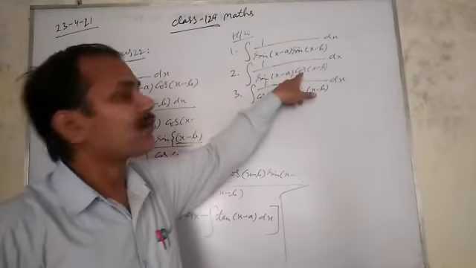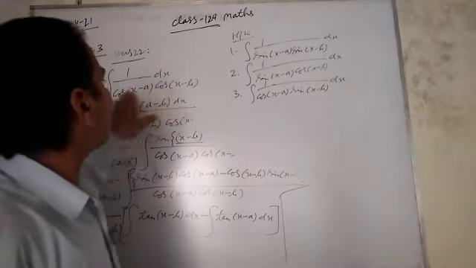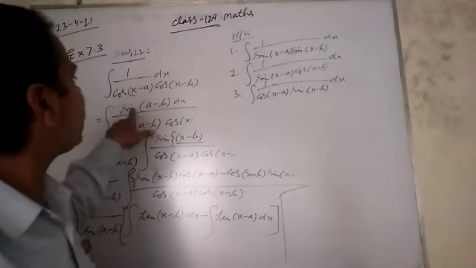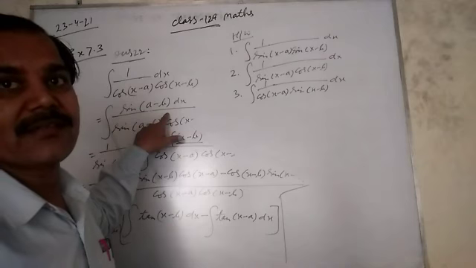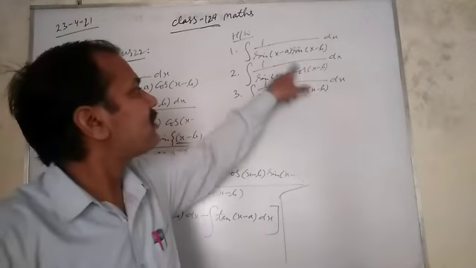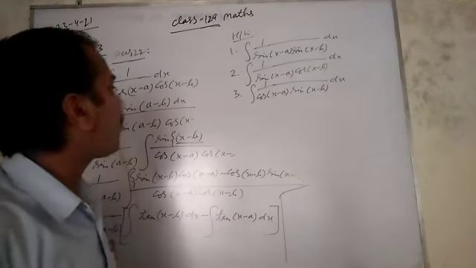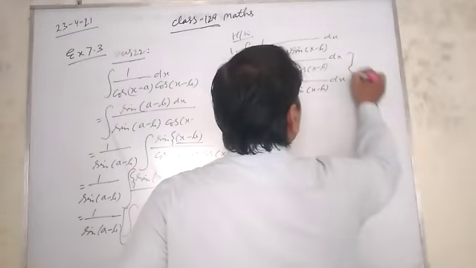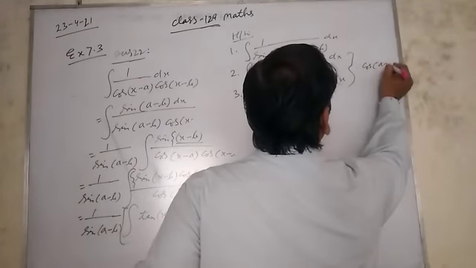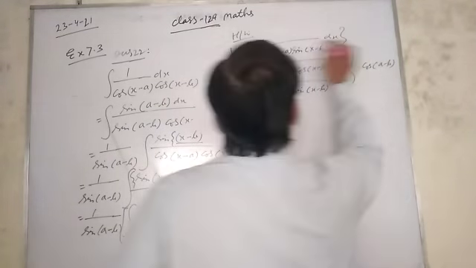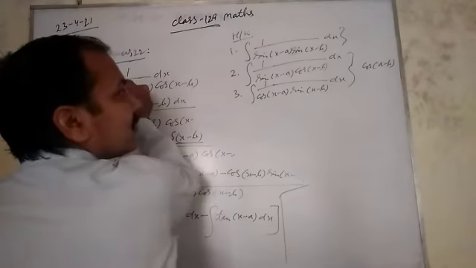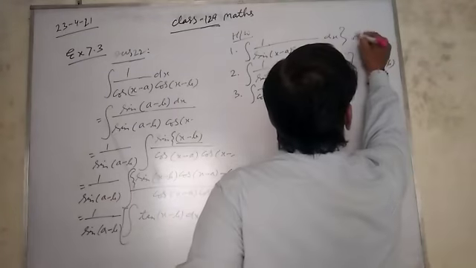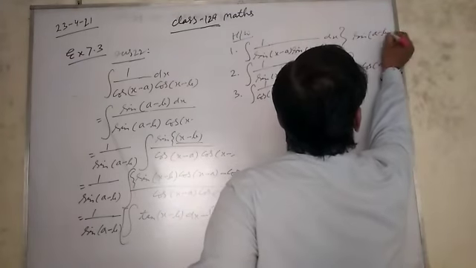Because if both are the same, cos cos or sin sin, then multiply and divide by sin(a minus b), but if sin cos, then you multiply and divide by cos(a minus b). Clear? So in the second and third, multiply and divide by cos(a minus b), but in the first one and this question number 22, use sin(a minus b). Clear?